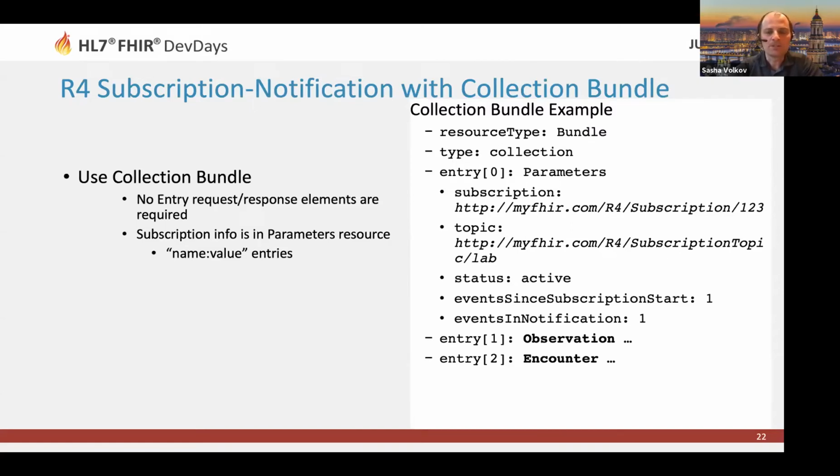This way we don't need to deal with a history bundle, and we can still represent the subscription status information nicely as parameters, and the rest of the resources as well. My only concern is that if our customers follow the R5 backport and they already support it, then we need to support whatever they're already comfortable with.